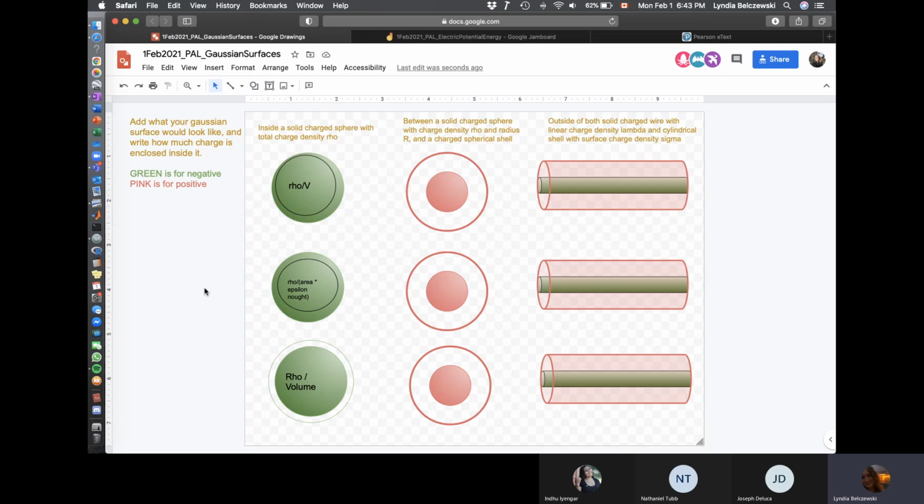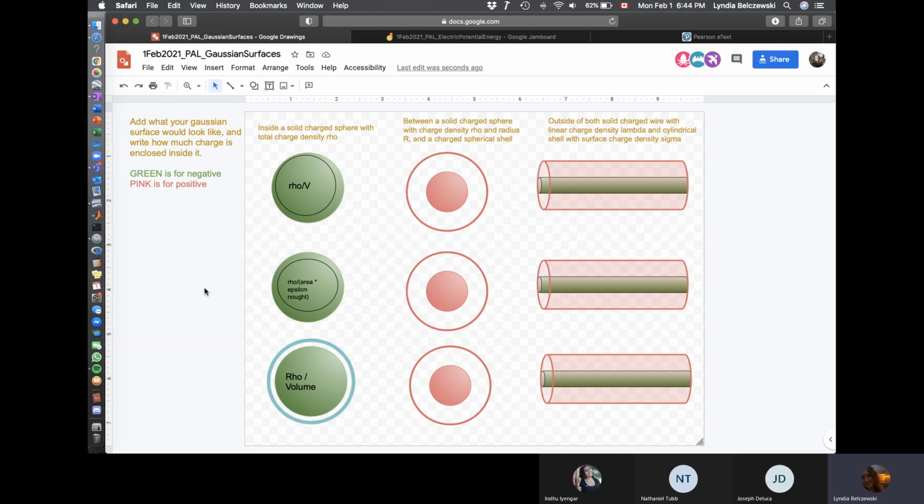So that would allow you to calculate the electric field inside. The top row system has a Gaussian surface inside, and so the bottom row person would have to make their Gaussian surface inside the sphere as well.